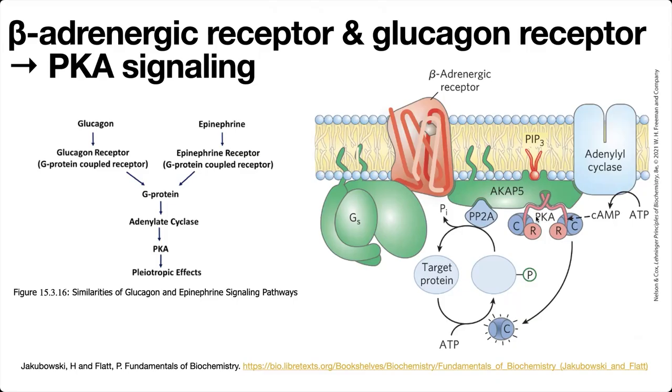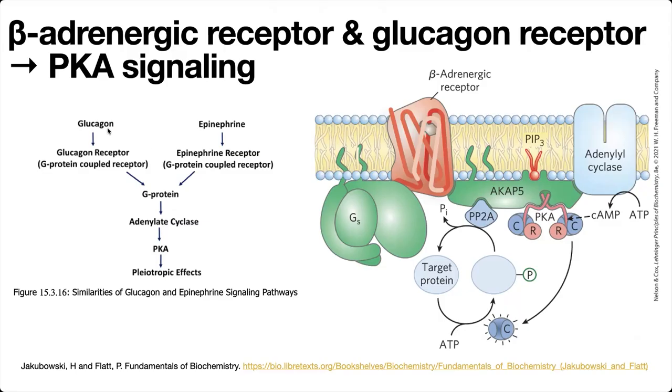PKA is a kinase, so it can set off a signaling cascade. And so the beta adrenergic receptor and the glucagon receptor have separate receptor portions, separate GPCRs. But those GPCRs are both going to be associated with the same G protein, basically. And that same G protein then is going to do the downstream activations.